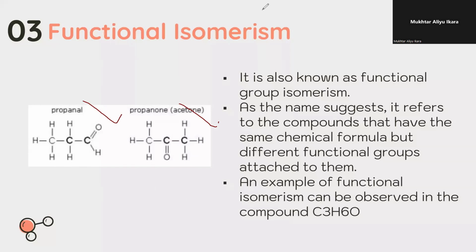They have different structures and different functional groups, but the number of atoms is the same. Since the structures and functional groups are different, their chemical properties will not be the same. So this type of isomerism is known as functional group isomerism.